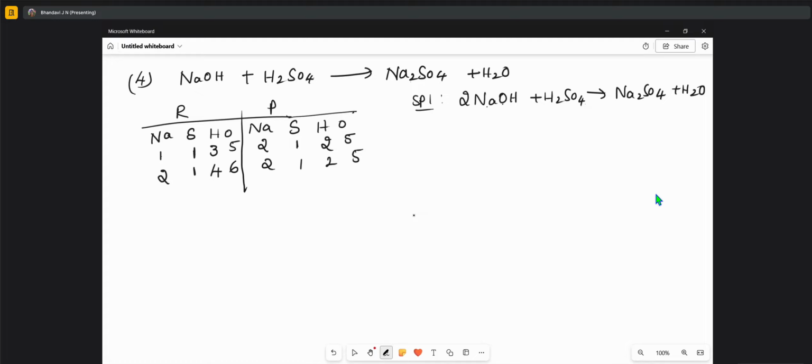Sodium and sulfur are balanced. Hydrogen and oxygen I have to change. Here it is less and it is more in the reactant, so I will increase here. Here 4 is the hydrogen, right? I can make it 2H2O. What will you get?